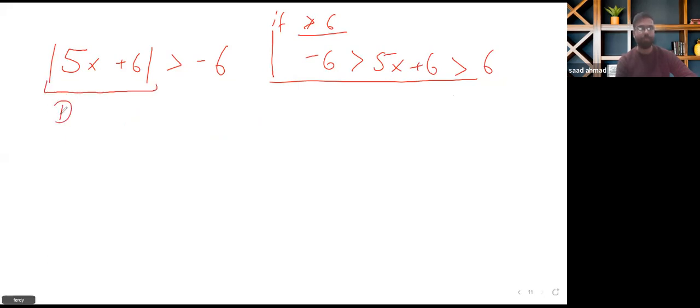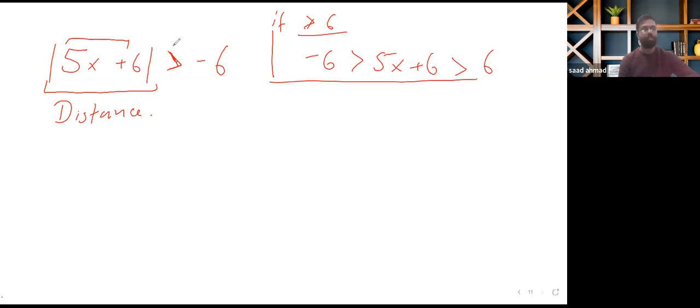This thing represents distance. And what we are saying is that the distance of something, whatever it is, is greater than -6. Distance of anything is greater than -6 because the distance can be 0. It cannot be negative. The minimum distance between two things can be 0, but not negative.